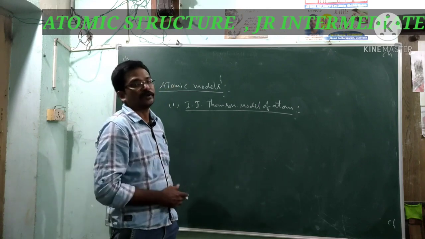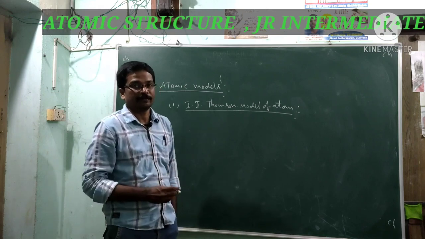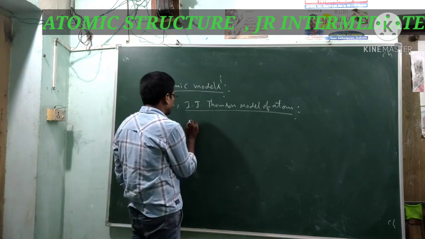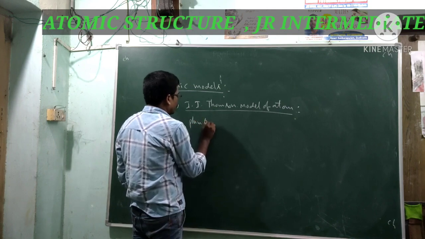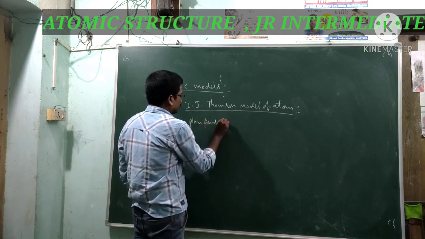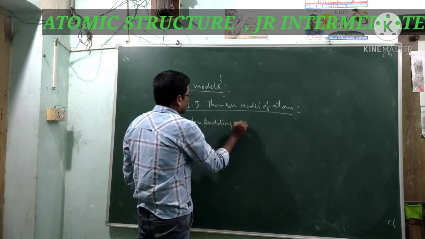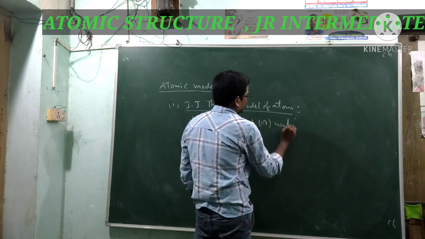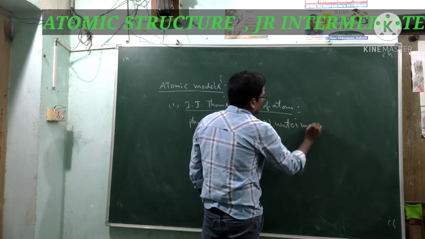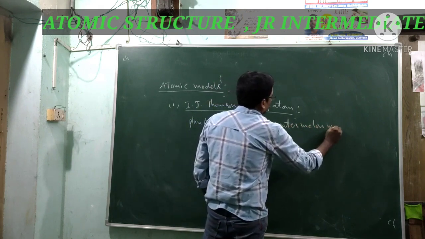According to the J.J. Thomson model of an atom, this is also known as the watermelon model, or plum pudding model.